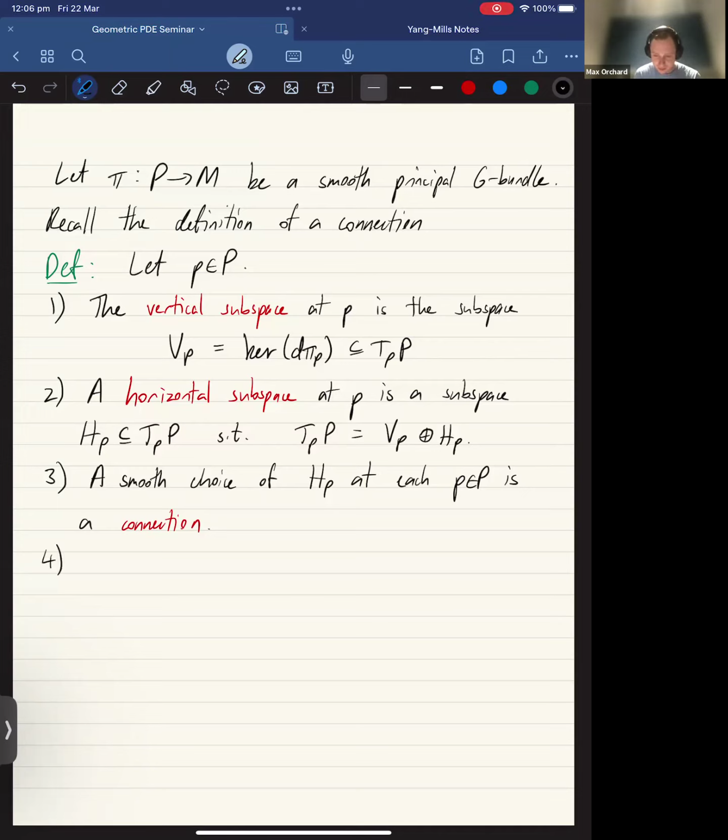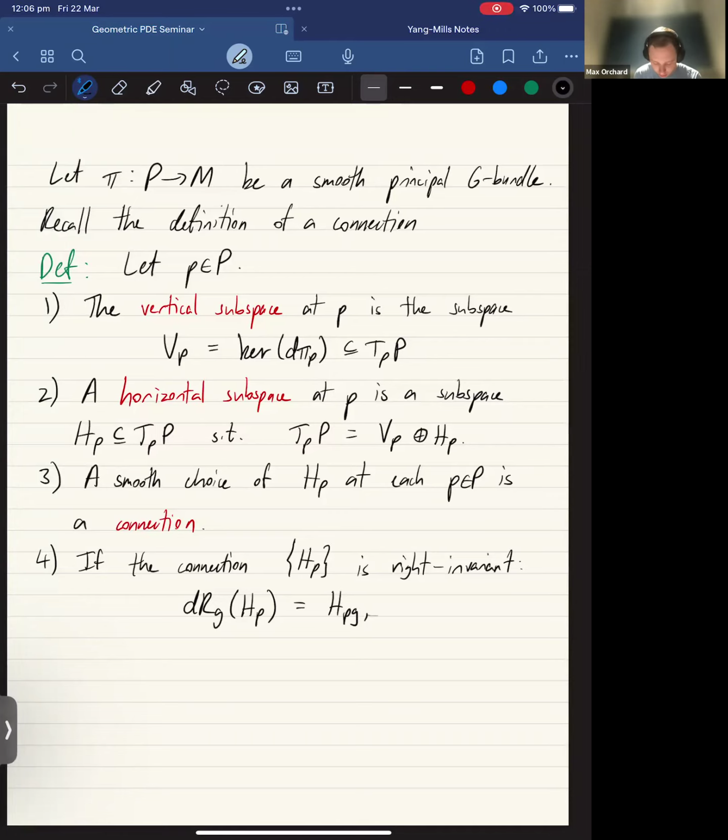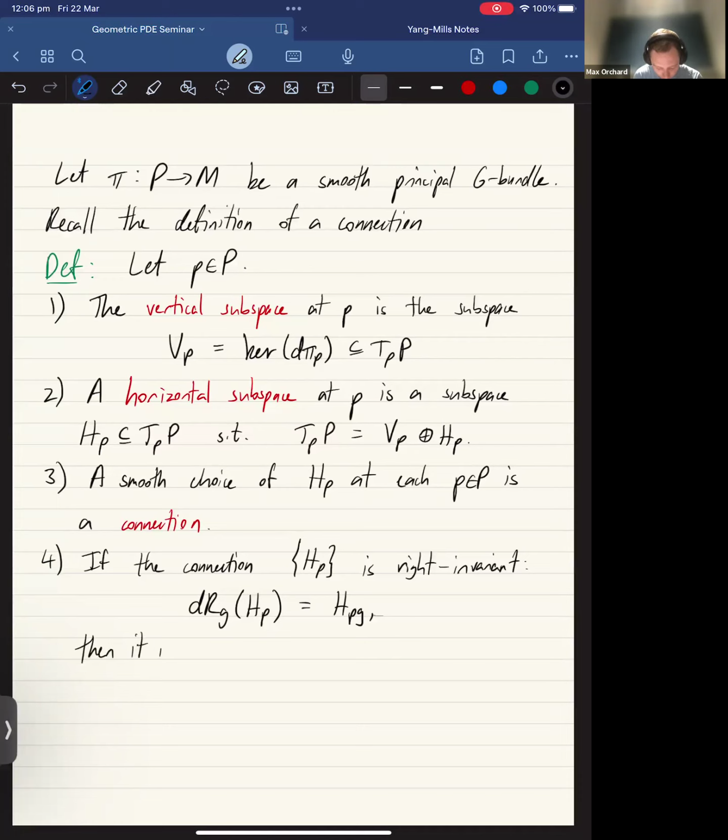And finally, if the connection satisfies some sort of right invariance property, also I should note that the action of G on this principal bundle is a right action. If this is right invariant in the sense that if you multiply on the right by g, you get the horizontal subspace at Pg, then it is what we call a principal connection.